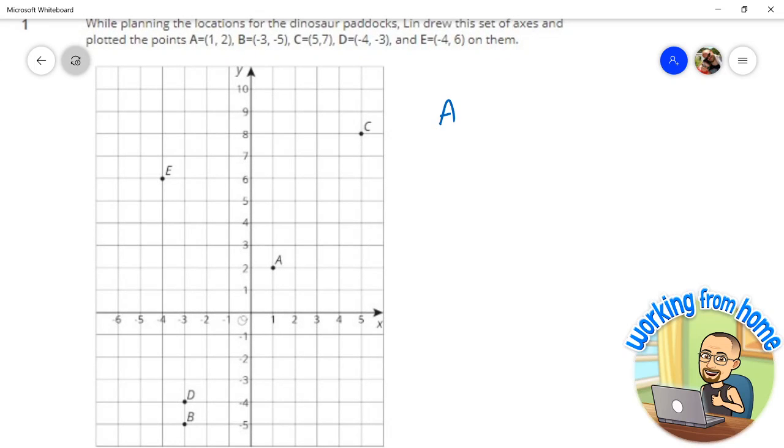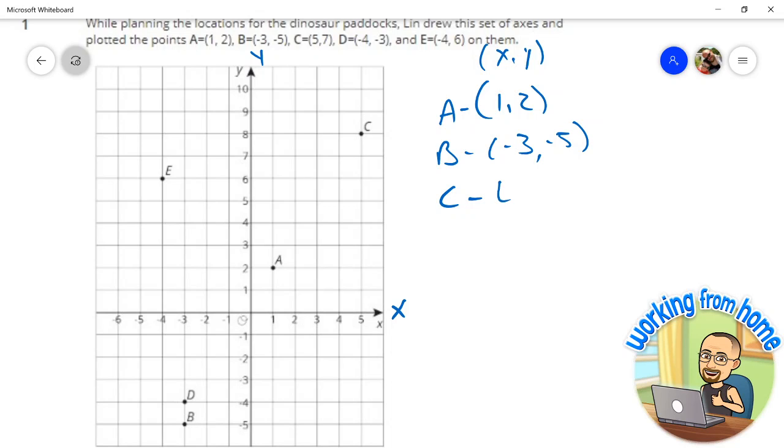So A is supposed to be 1, 2. Remember, it's x, y. X is horizontal, y is vertical. B is -3, -5. C is 5, 7. D is -4, -3. E is -4, 6.